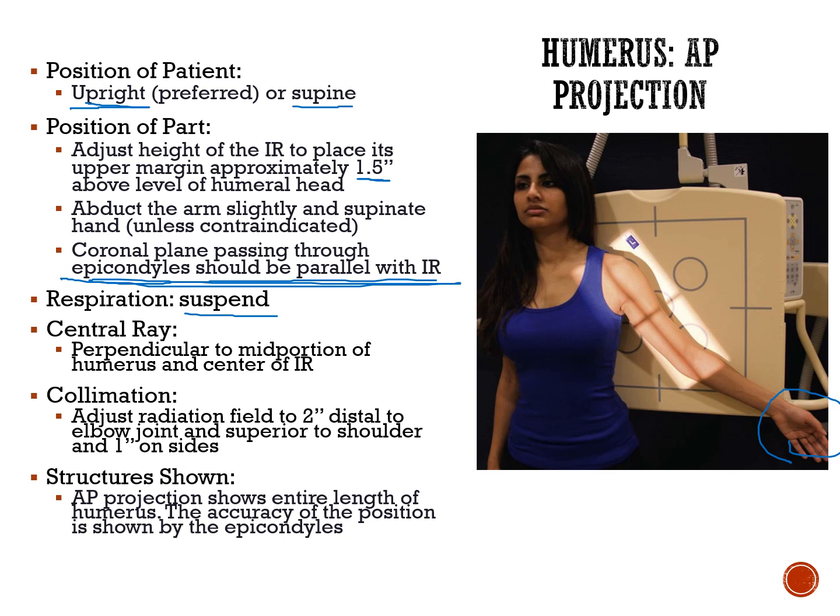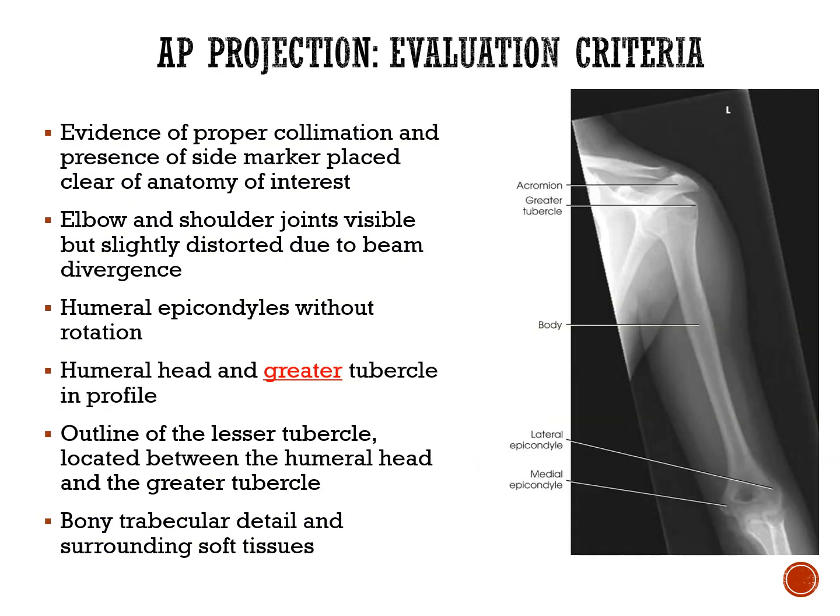And we're going to see the AP projection where we have the proper position of the epicondyles visualized. So here we go. The epicondyles should be parallel to the image receptor, which they are in this case. And we're going to see the greater tubercle in profile is the goal. And so we're going to be able to visualize the entire humerus with the body in the center.